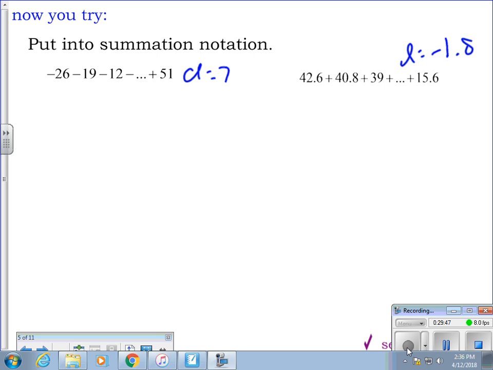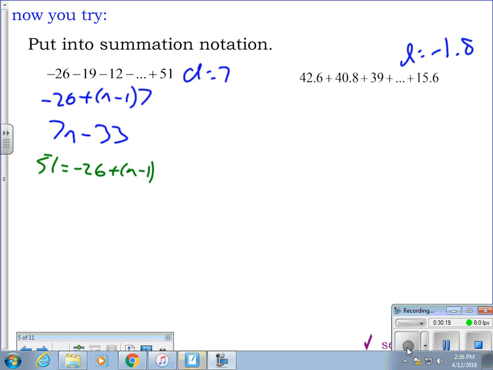Okay, so the first one, D is 7. So to find the formula, you use a sub 1, negative 26, plus n minus 1 times 7 gives you 7n minus 33. When you do that, you want to find what term number 51 is. 51 equals negative 26 plus n minus 1 times 7.